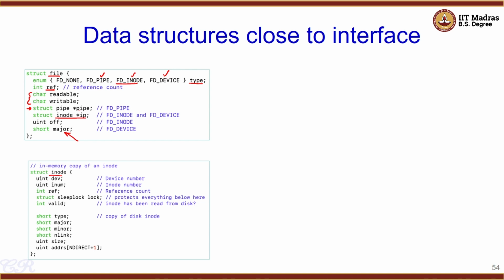If you have multiple hard disks present in your system, say a master hard disk, a secondary hard disk, and so on, each of them would have a different major number. So you could use this major number to first identify which device you want this operation to be targeted to, or where you want to read or write this particular file, and then go into that device and address the various sectors or cylinders and so on that are present.